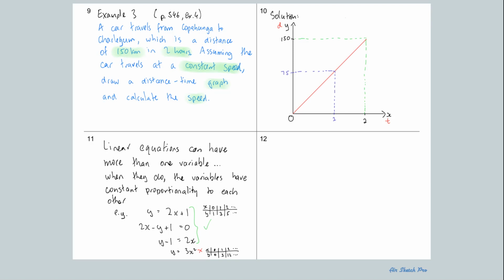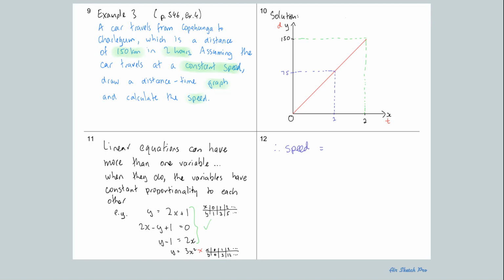Now we should answer the question. Have we drawn a distance time graph? Yeah, that does it. Have we calculated the speed? No, but we can do that pretty handily, can't we? Therefore, the speed is equal to, well, speed is kilometers per hour, and quite handily, I've already marked off 1 hour and 75.